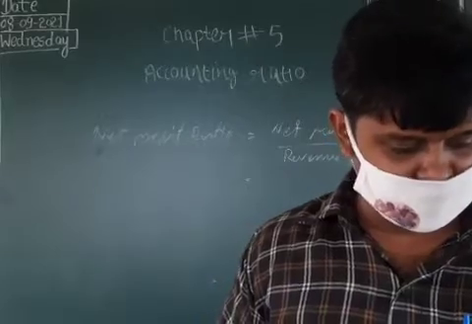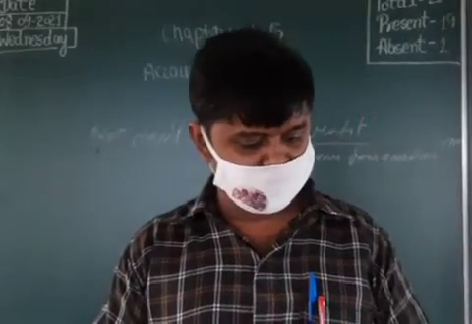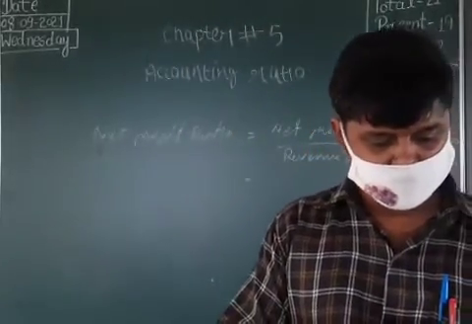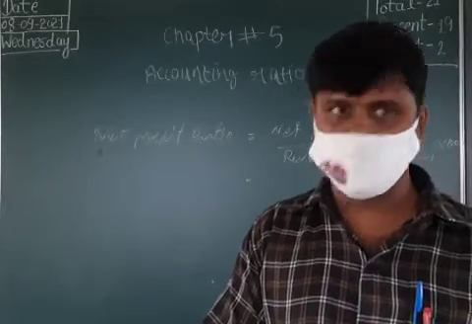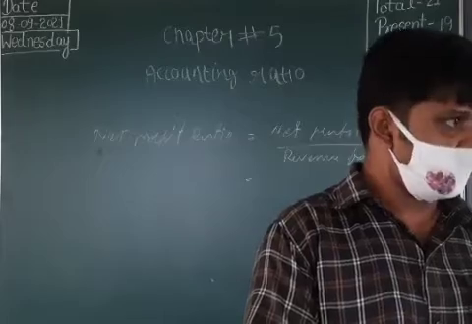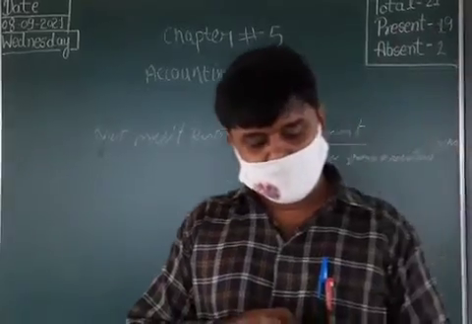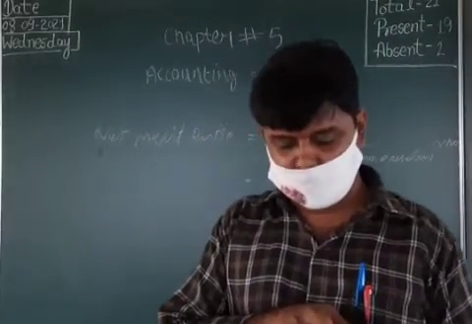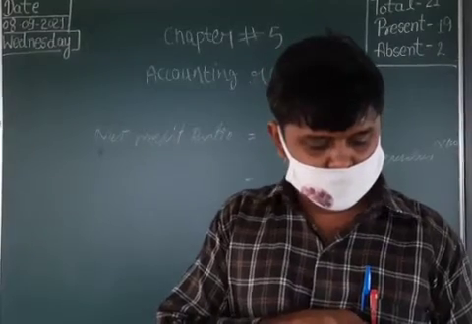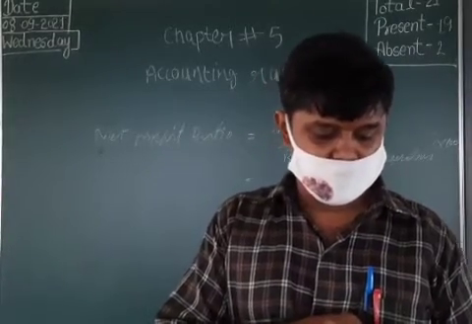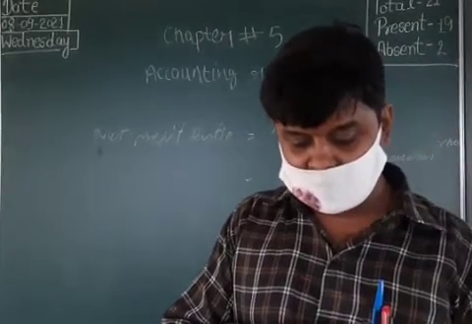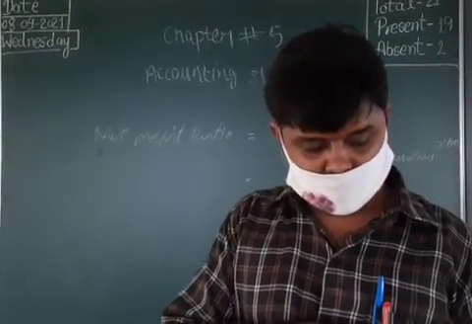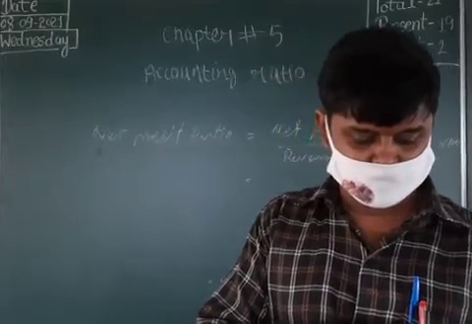The illustration question is this: the gross profit ratio of a company was 25%. Its credit revenue from operations was rupees 20 lakh, and its cash revenue from operation was 10% of the total revenue from operation.